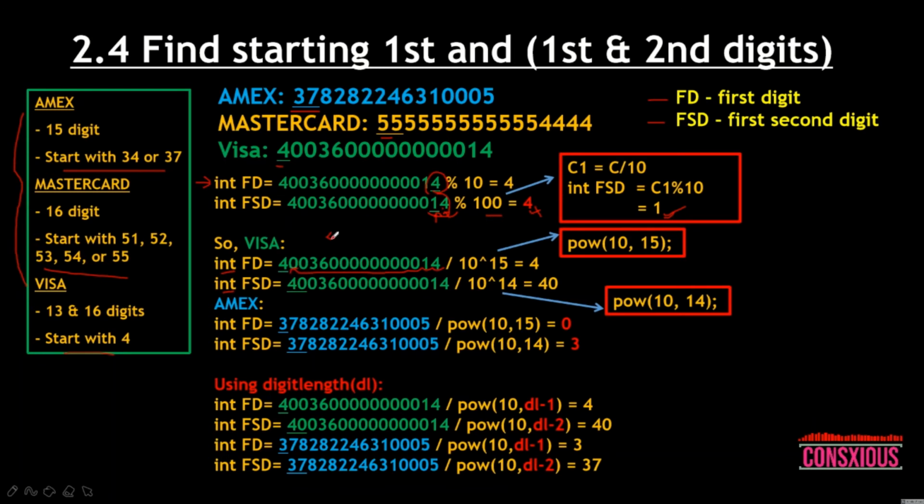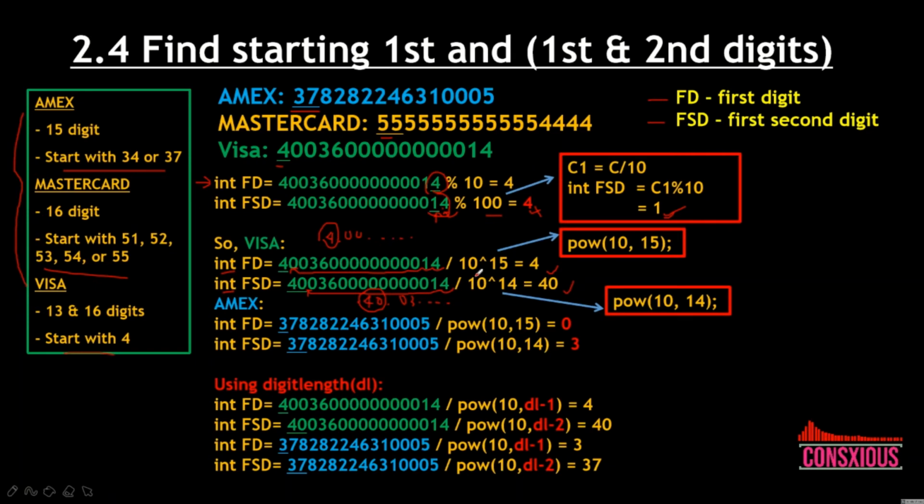So it will become 4.00 something. Since it's an integer, it will only capture the 4 here. For the first two digits, it's the same. We shift the decimal here by 14, which is going to be here. So it will be 40.03 something. But since it's an integer, we only capture this 40 here. That's why it's 40.